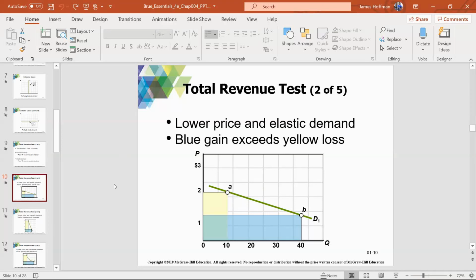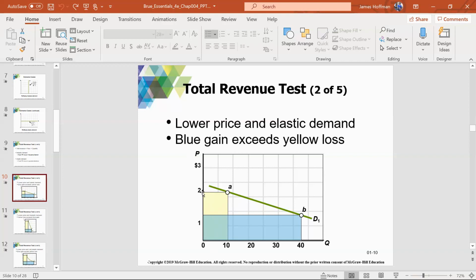Okay, so this is a flatter curve. This is a more elastic curve. We're trying to see what happens to revenue when the manager, when the firm, changes the price. So look here, if we start at A, revenue is just price times quantity.